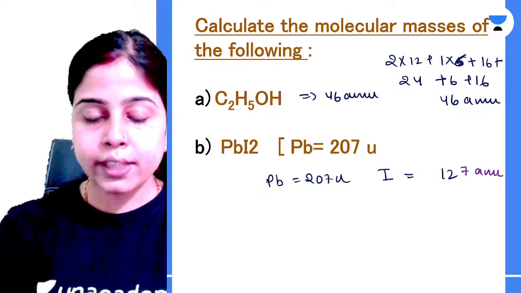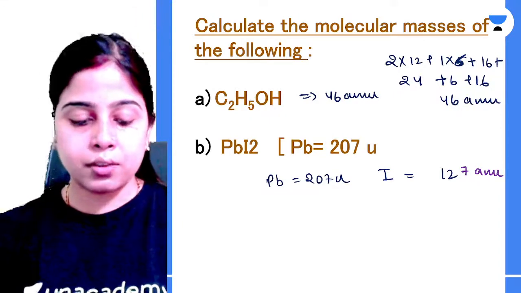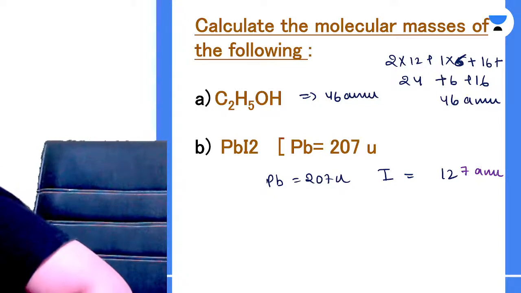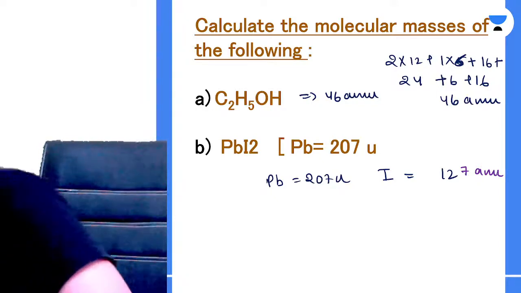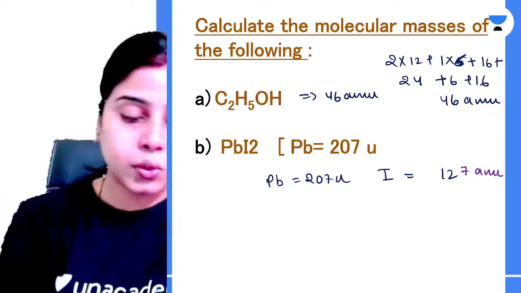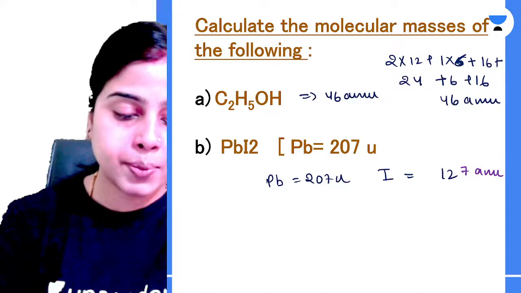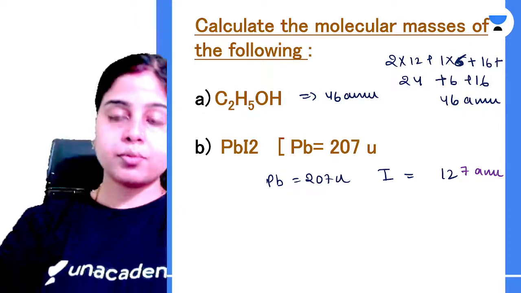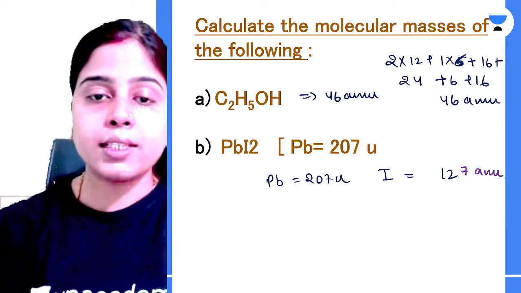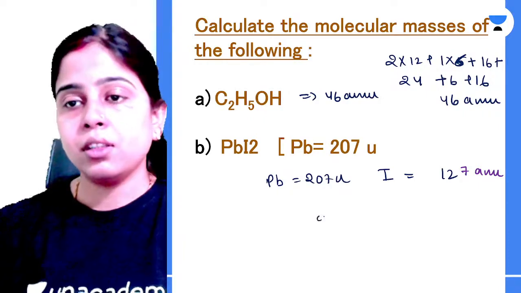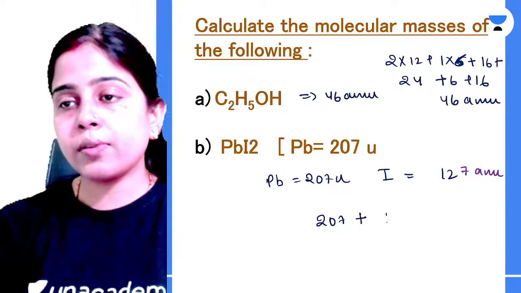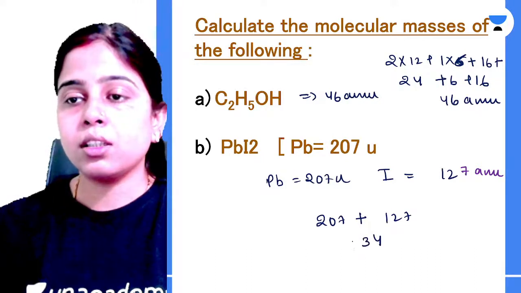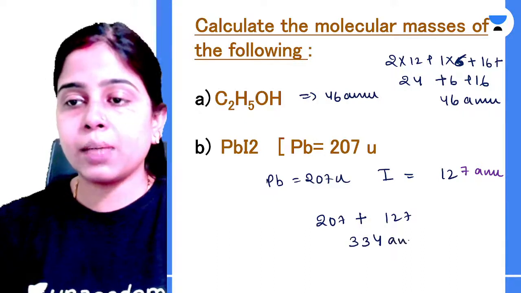Now let's try to find out the molecular mass. Just give me a moment. I'm having a little cold today, so that's why this problem is happening. Now in this case you can see one atom of lead, so that is 207 plus 127, so 334 AMU is the correct.